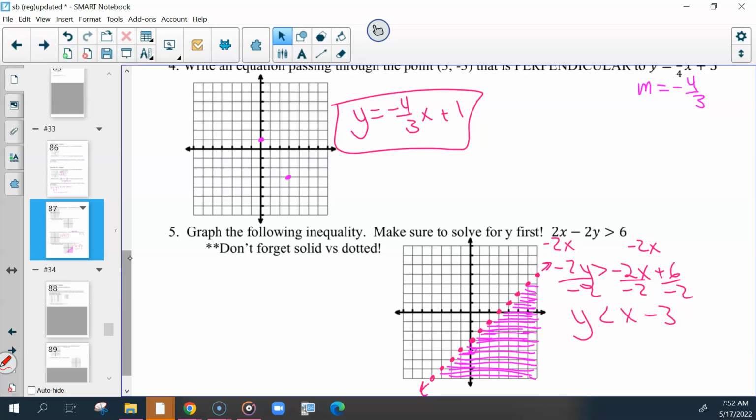So if you have not used the final grade calculator that I sent out a while back, I also posted it on Canvas. There's a module at the very bottom of all the modules that says like final exam something. The final grade calculator is there. Put in your semester 1 grade, your quarter 3 grade, and what you think you will make in quarter 4. And it'll also show you what you would need to make on the final exam.